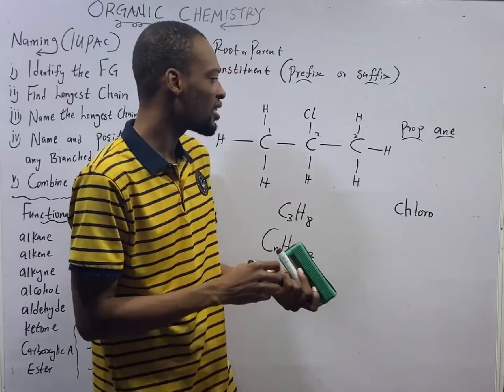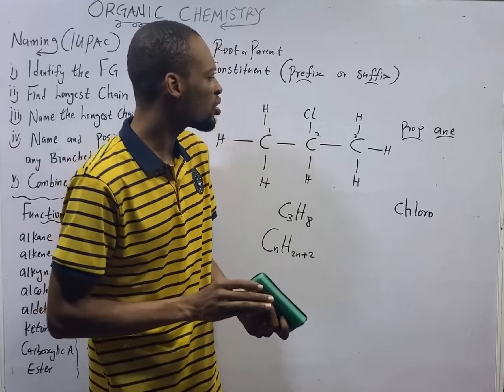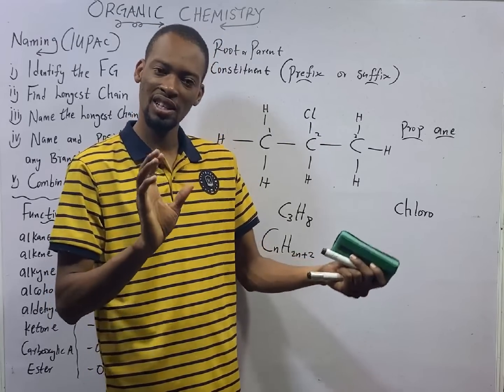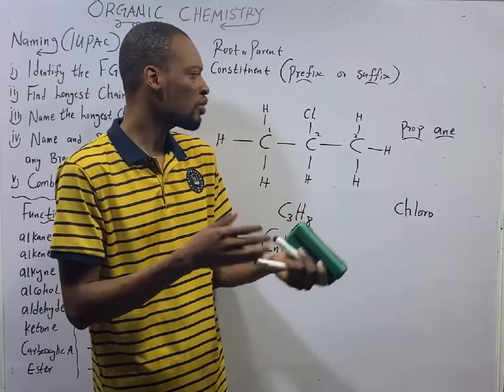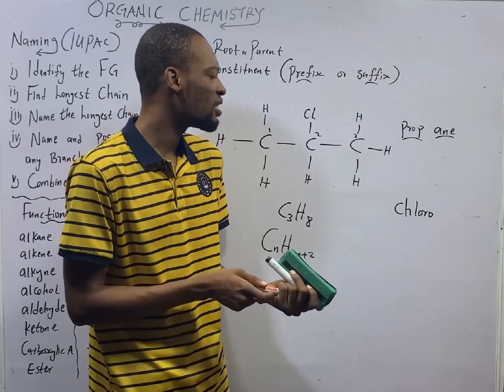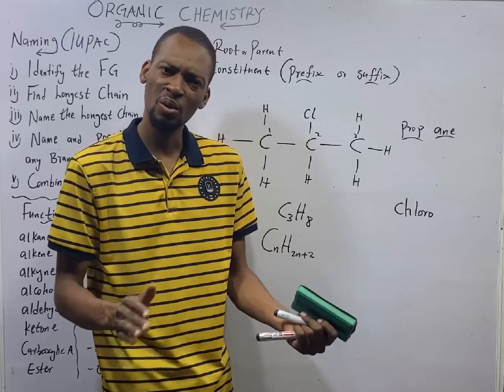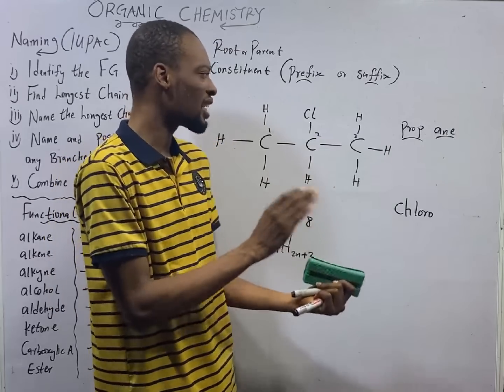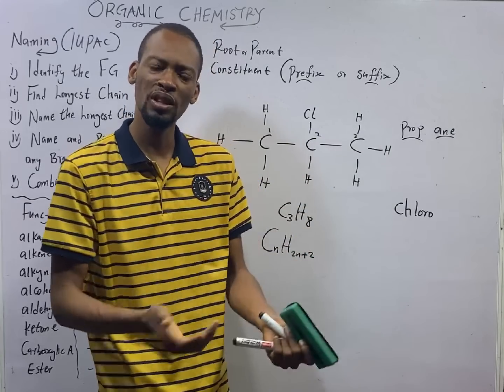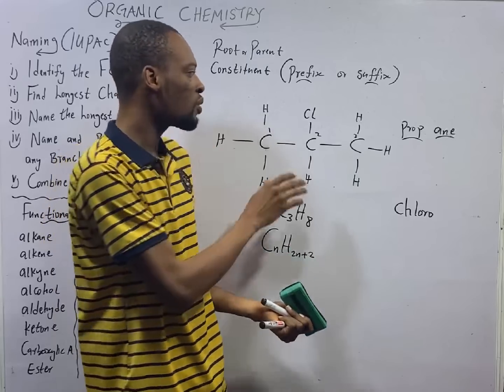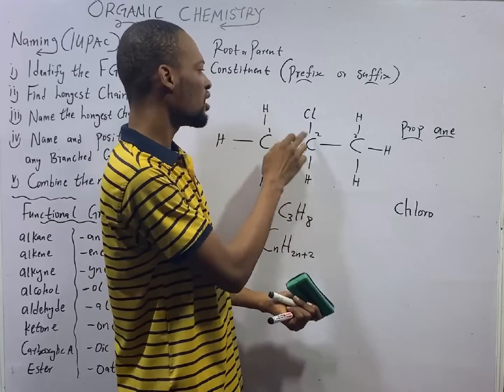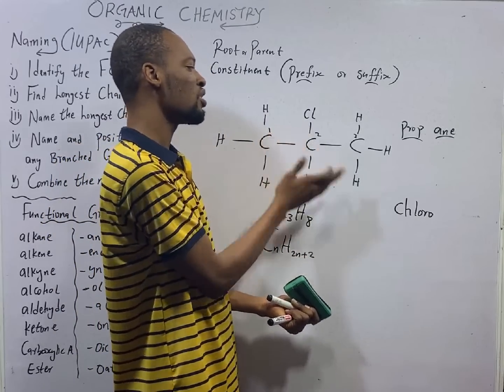When bromine is added to a compound, we don't say bromine, we say bromo. When iodine is added, we say iodo. When fluorine is added, we say fluoro. So in this one, we have chlorine, which is chloro.